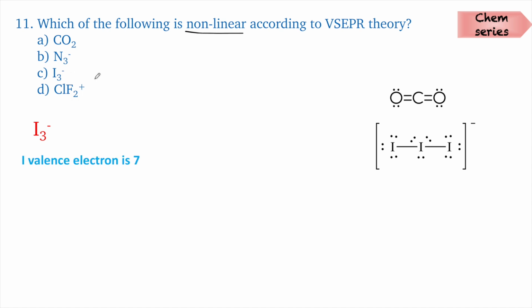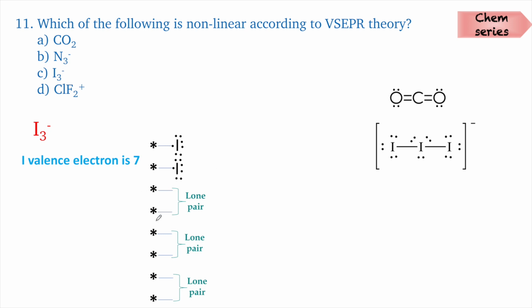And coming to I3 minus, the central atom is iodine and its valence electron is 7. Okay, and we have one negative charge, that means one excess electron, so I have written 8 valence electrons, and 2 valence electrons are being used by the 2 iodine atoms to form 2 single bonds.